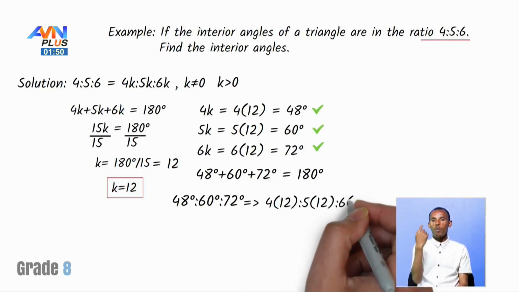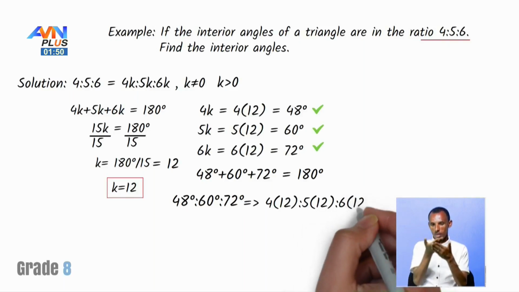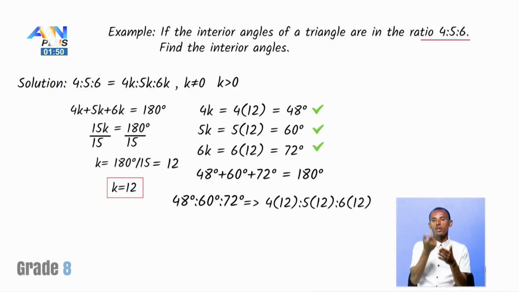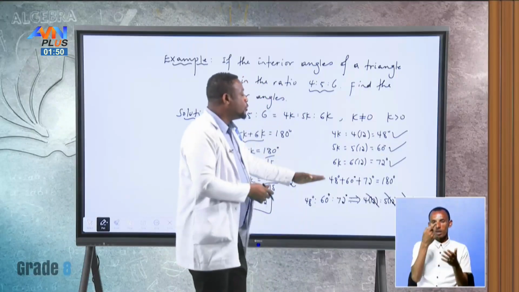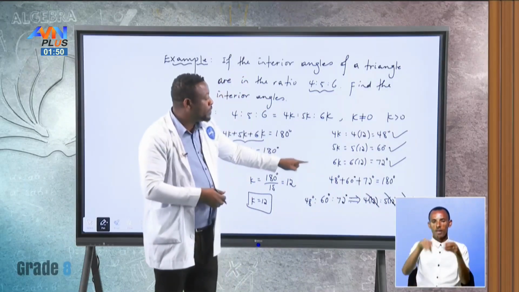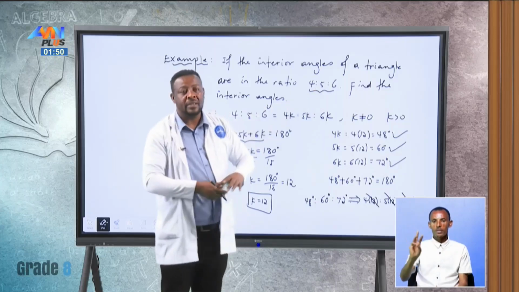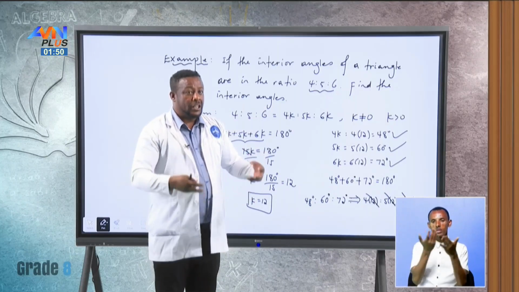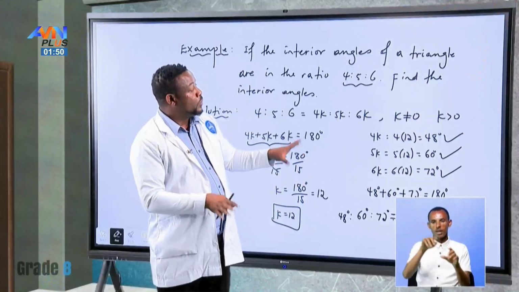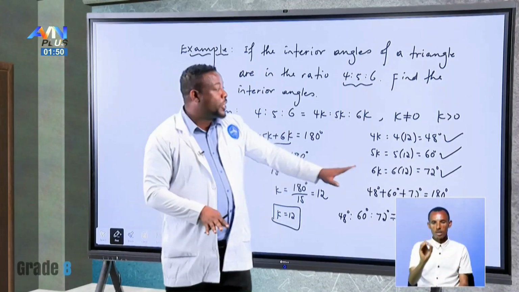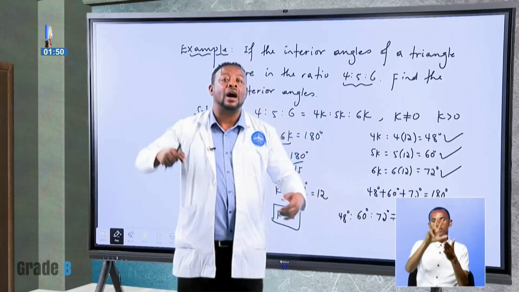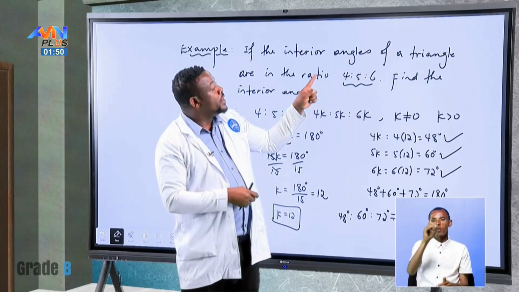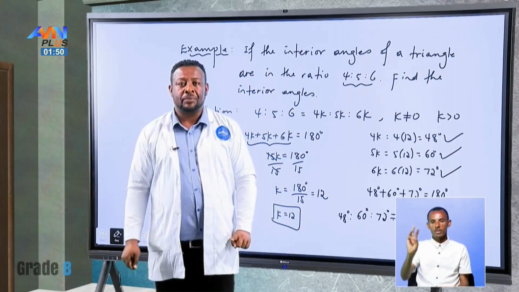Whenever we write something in the form of a ratio, we need to write it in the simplest form, so we avoid these numbers. So clearly, as you can see here, the ratios are 4, 5, 6, which is the same as what we have here. So we have checked both things, right? The sum of the interior angles is 180 degrees, and these 3 angles are in the ratio 4, 5, 6. Okay?